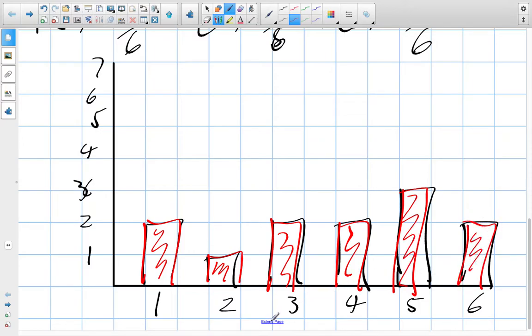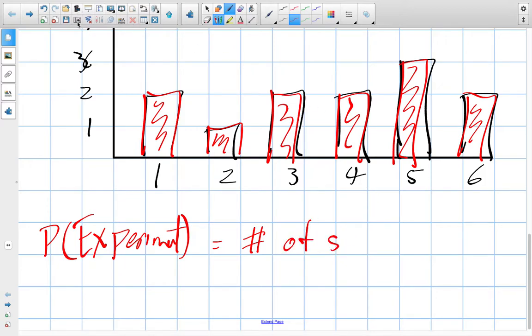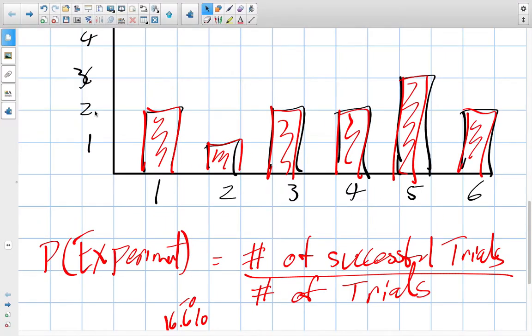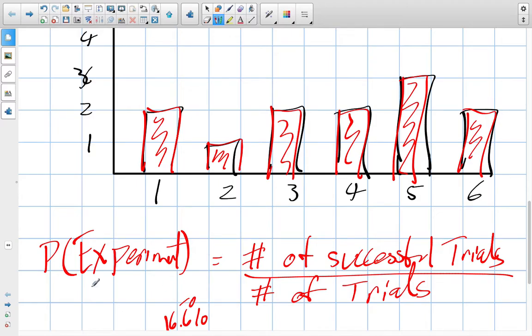So the experimental probability, so the probability of an experiment, is the number of successful trials over the number of trials. We had a little glitch here, so I kind of missed the video as I kept going. I'm going to explain what I ended up with.